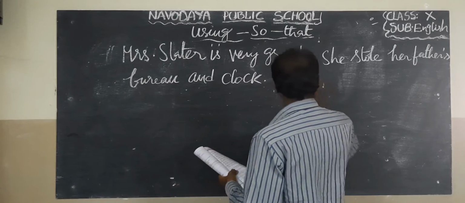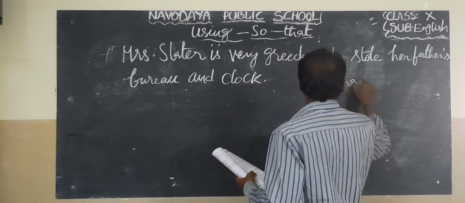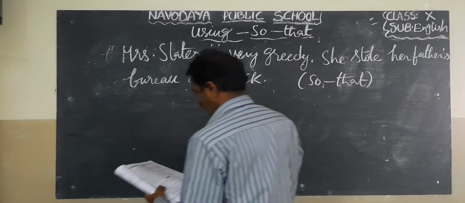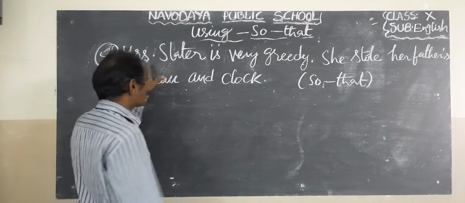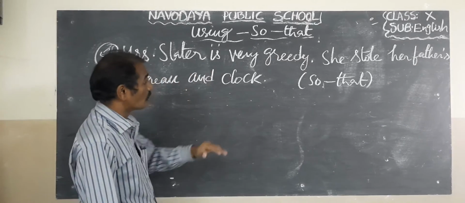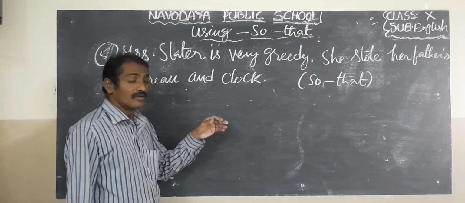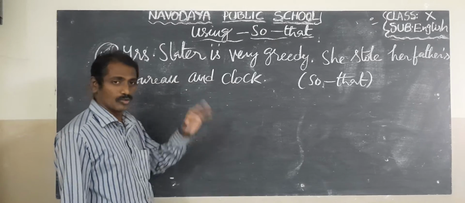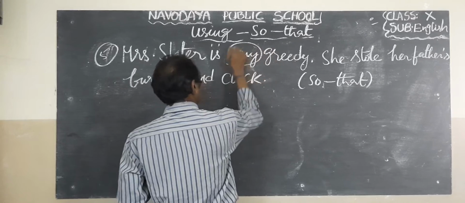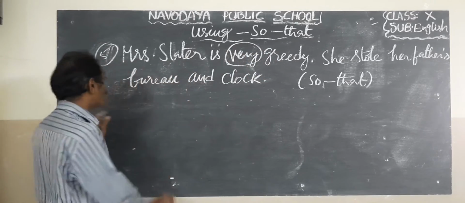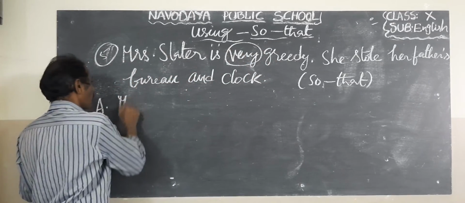So here is "so that". So children, here is a different example. Mrs. Slater is very greedy. She stole her father's bureau and clock. Here are two examples, two sentences. So here we should use "so" in place of "very". In place of "very". So the answer, children.